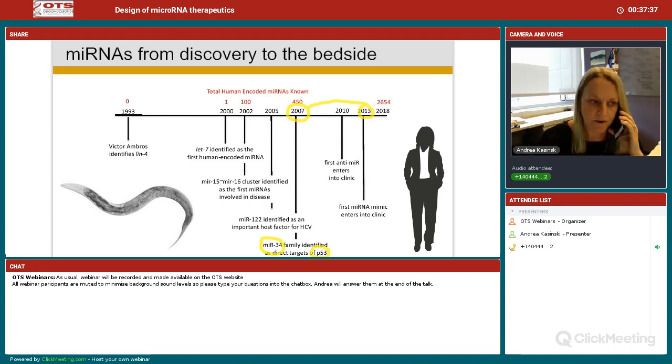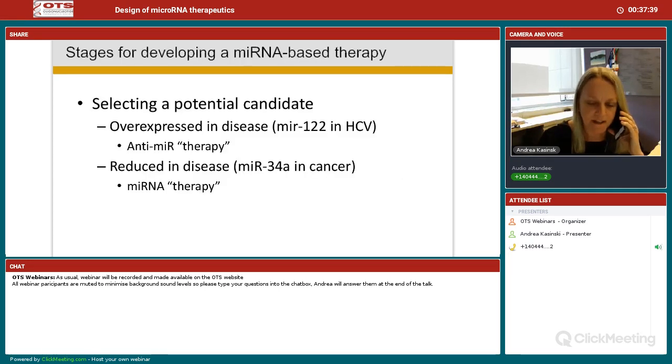The first step in any therapeutic approach, of course, is to select the candidate. I already gave you some background on the 2 candidates that we're going to be looking at today, miR34 and miR122, and they subclassify into 2 distinct categories. One are microRNAs that are overexpressed in the disease state, and therefore the goal of the therapy is to inhibit that microRNA.